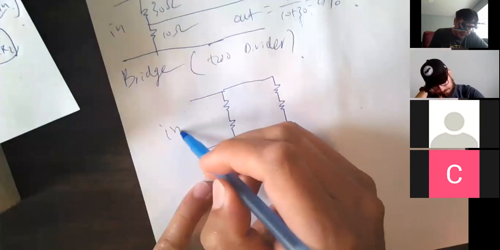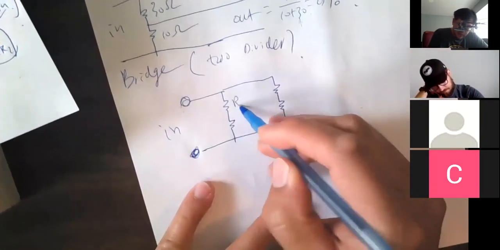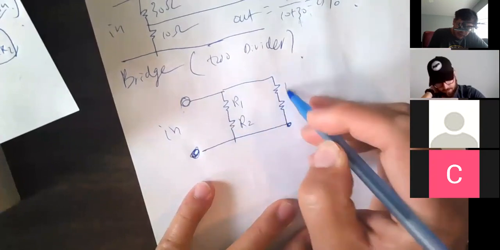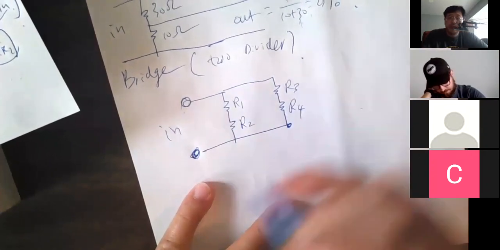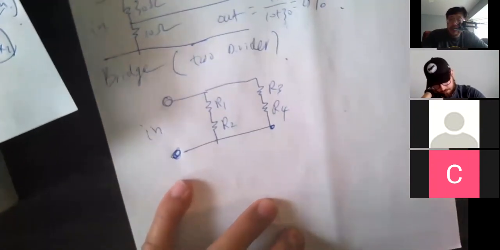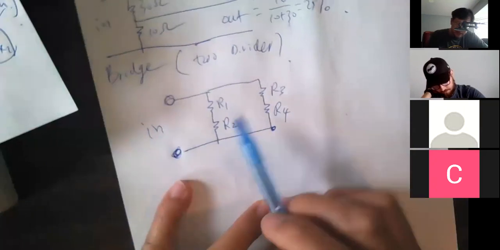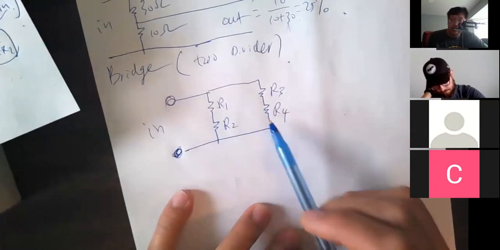So the input is right here. So we have R1, R2, R3, R4. So now we've got 4 resistors. Look at these 4 resistors. That's divider number 1. That's divider number 2.